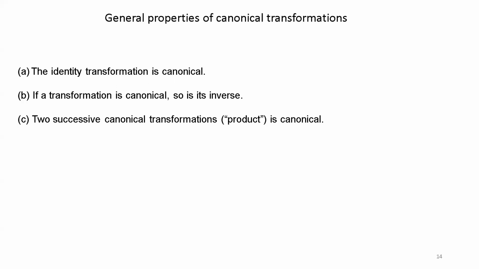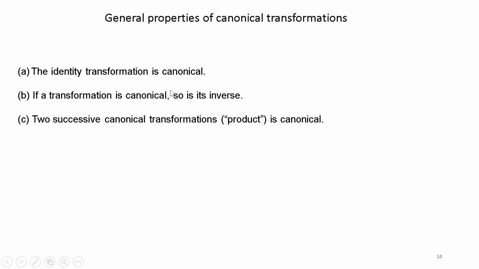So now the general properties of canonical transformations. The identity transformation is canonical, of course. Identity transformation means that you are doing nothing. And if a transformation is canonical, then its inverse transformation is also canonical.